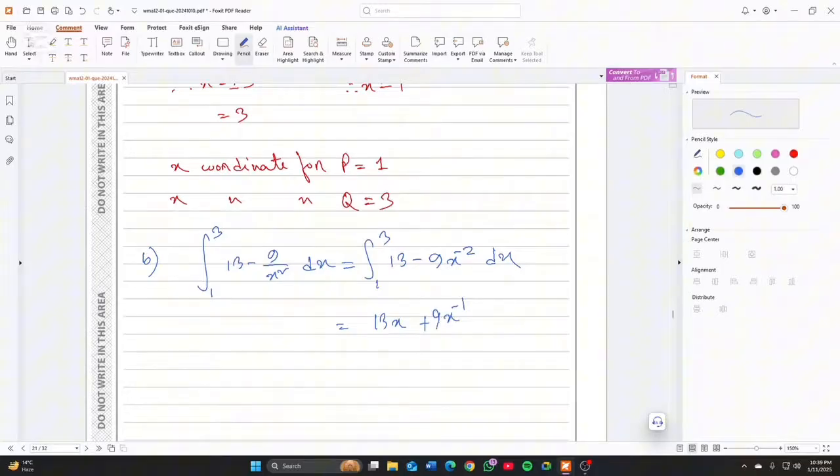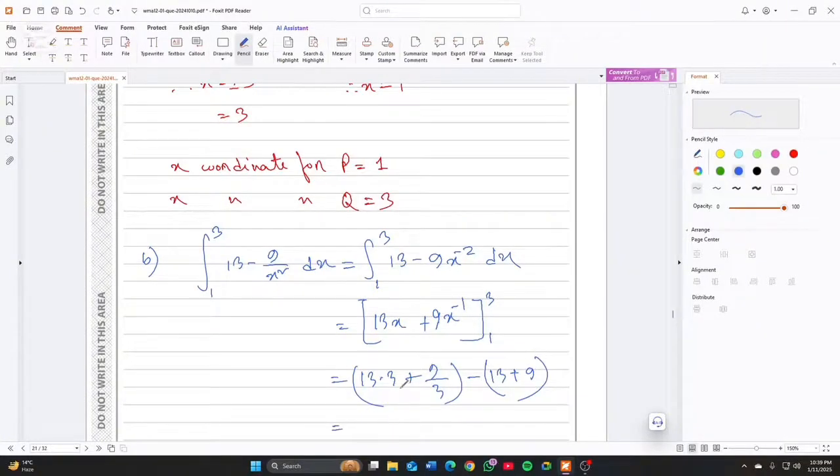Okay, so this is our required integral result, and the limits are from 1 to 3. Putting these limits in, 13 times 3 plus 9 by 3 minus 13 plus 9.